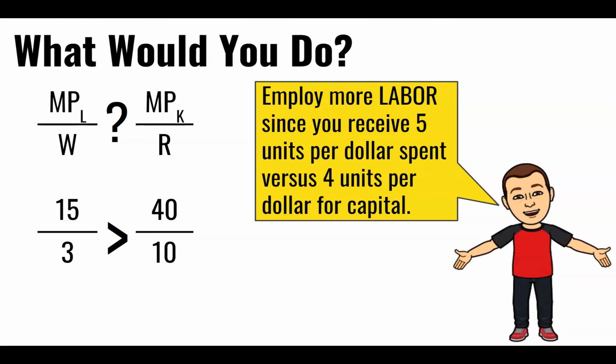So as I'm employing more labor and less capital, we'll see these numbers begin to equalize, and once they are equal, then I know I have employed the appropriate number of both labor and capital to meet my market demand and keep my prices or costs as low as possible.